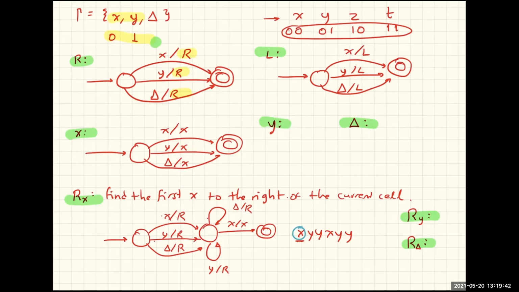It doesn't matter if it's an X, a Y, or a blank, it will just ignore it. And then it will move to the right, find this X and then halt. So you are asking, well, this is the second X, right? In this case, yes, if there is an X here, it will be the second X in the string, but it's the first X to the right of this cell, because it will ignore whatever there is in this cell. Yeah? Yeah, thank you.